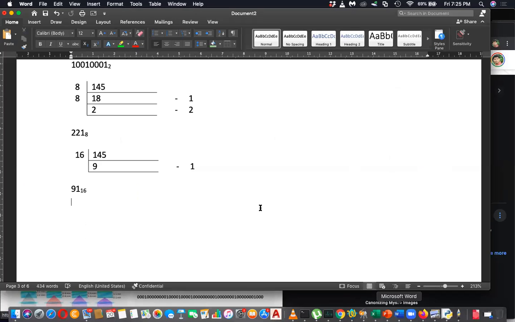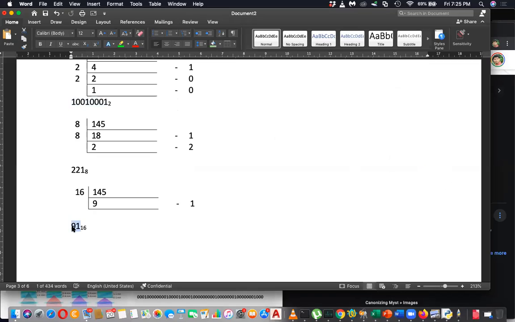We need binaries, but you can see binaries are lengthy. Here 1, 2, 3, 4, 5, 6, 7, 8 digits. But in hexadecimal, you have only 2 digits. The same 8-digit number, you can write in 2 digits. So that is the advantage of hexadecimal. That's why computers prefer hexadecimal.